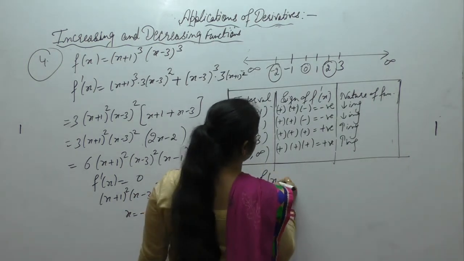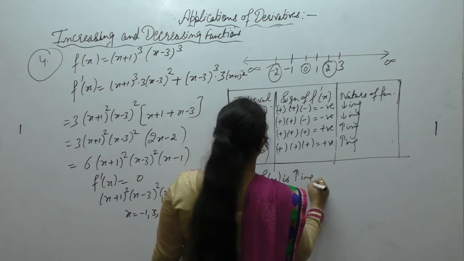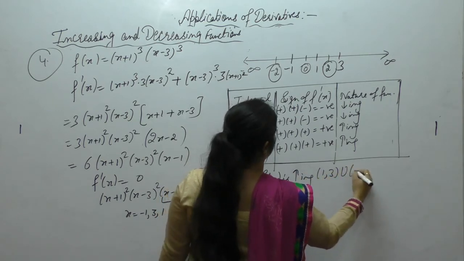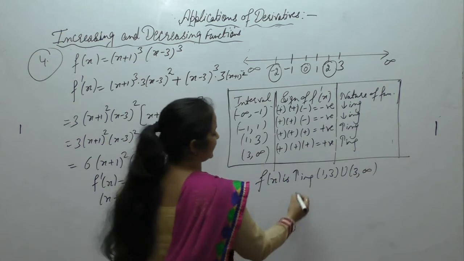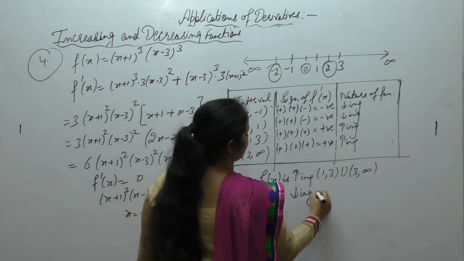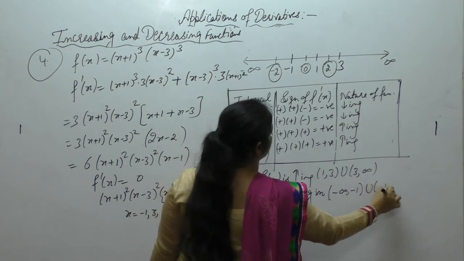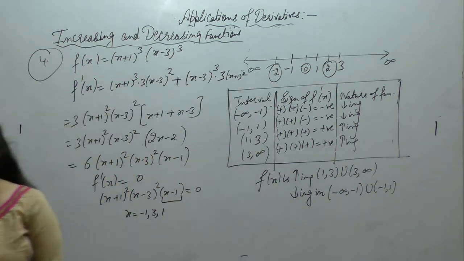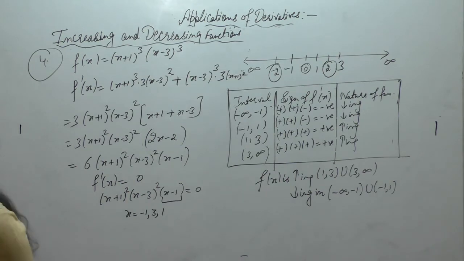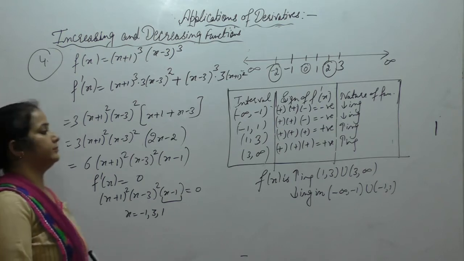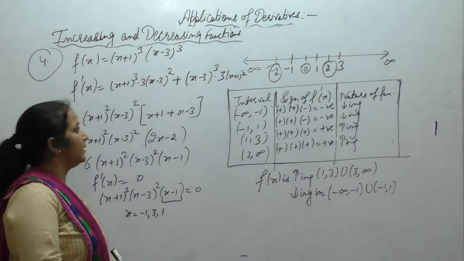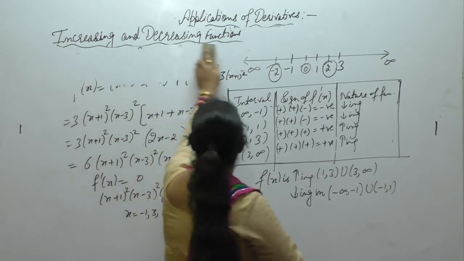Therefore, f of x is increasing in 1 to 3 union 3 to infinity, and the function is decreasing in minus infinity to minus 1 union minus 1 to 1. Note it down. Is it clear? Let us move to the next one.